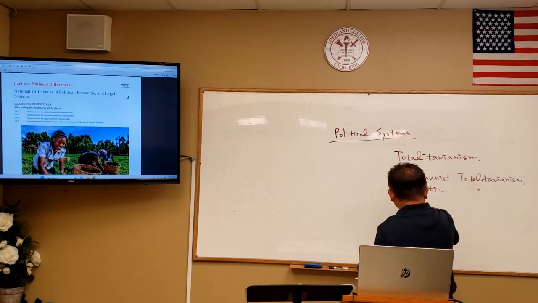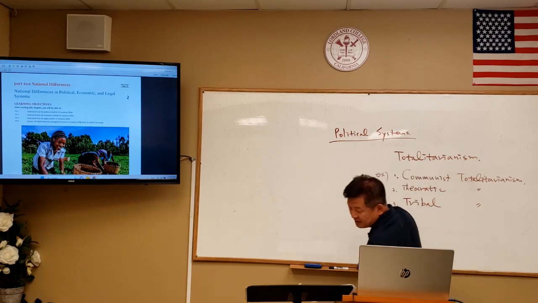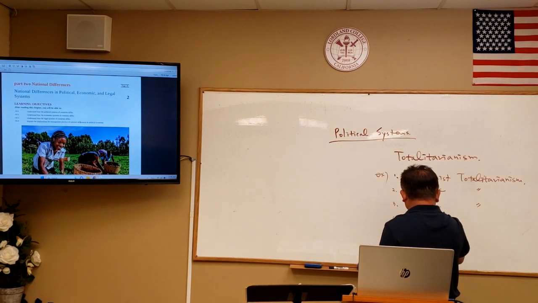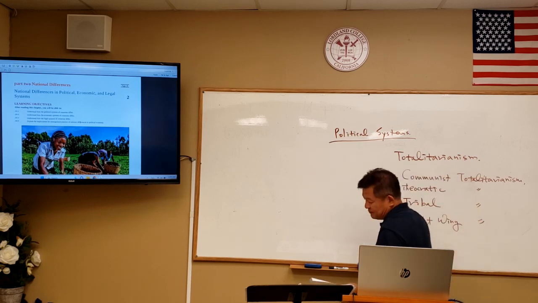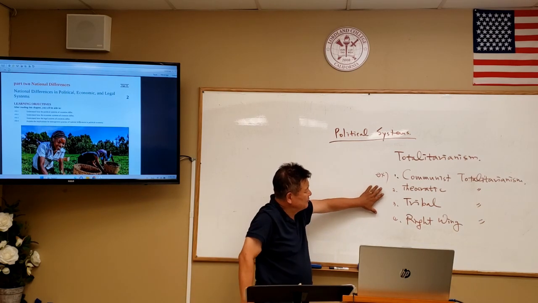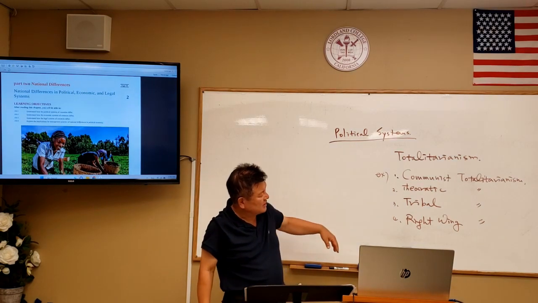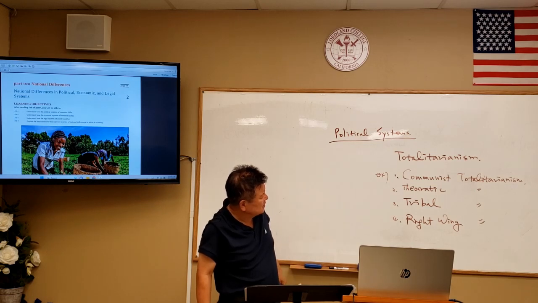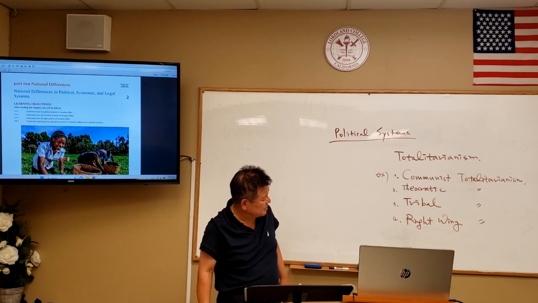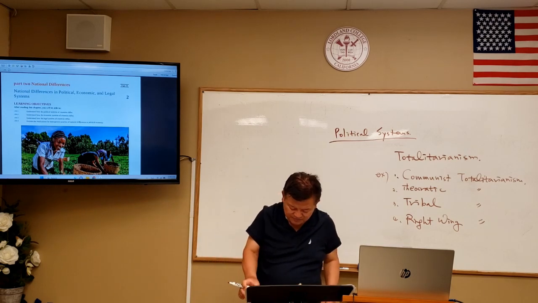And tribal totalitarianism. And fourth, right-wing totalitarianism. So totalitarianism has four kinds of format: communist totalitarianism, theocratic totalitarianism, tribal totalitarianism, right-wing totalitarianism.